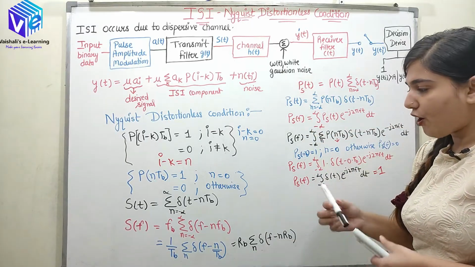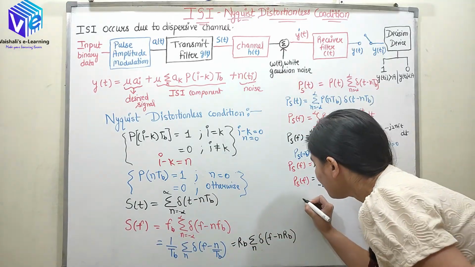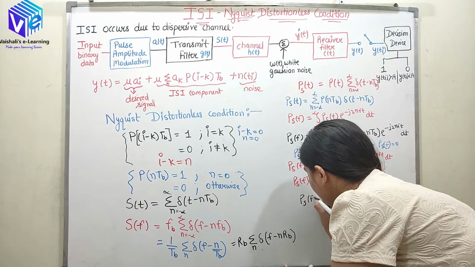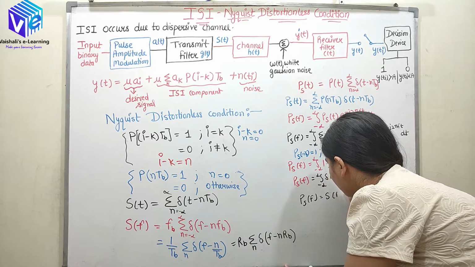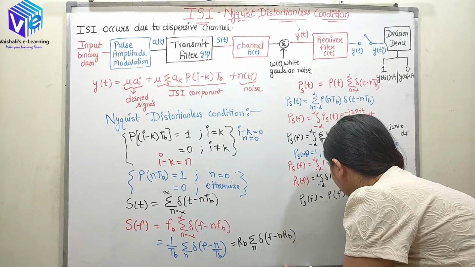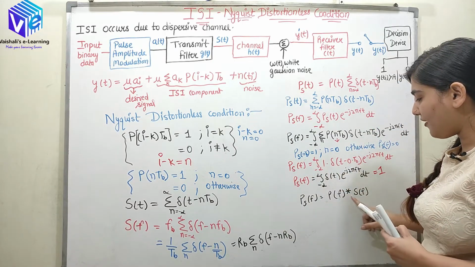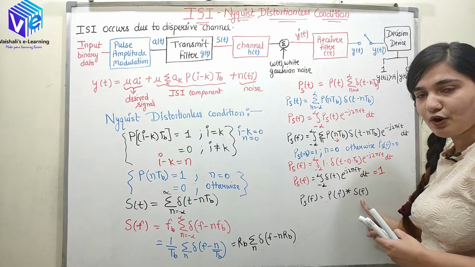Now if I observe the PS(f) from the sampling equation, it is equal to P(f) convolved with S(f).